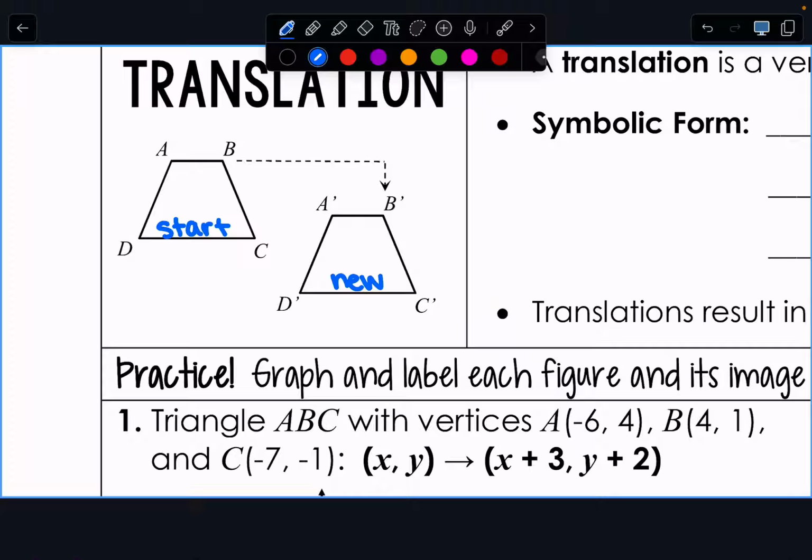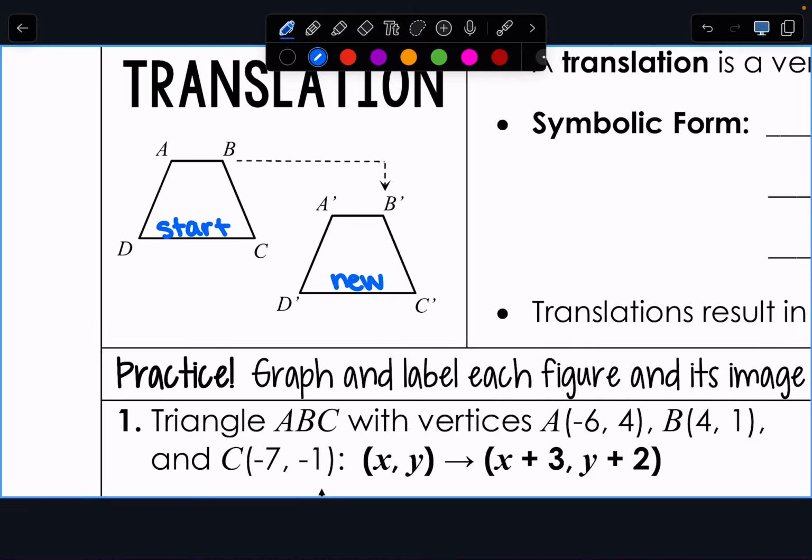Okay, there's like a little apostrophe. That's how we notate that that is the new shape.